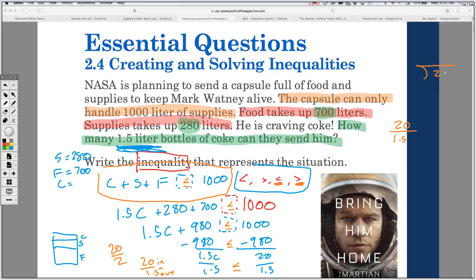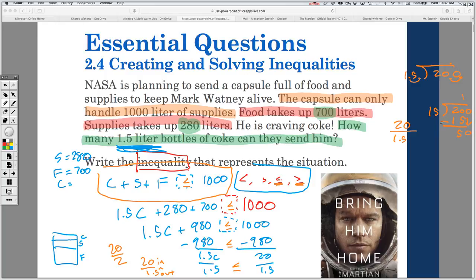So you move the decimal over on both numbers once to make them whole numbers. 15 goes into 2, 0 times. 15 goes into 20, once. 15 times 1 is 15. 20 minus 15 is 5. Bring the 0 down. How many times does 15 go into 50? 3. So 45. And thank you to Luis for catching that mistake I made. So this is going to be 13 bottles.